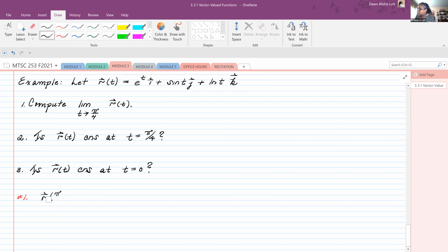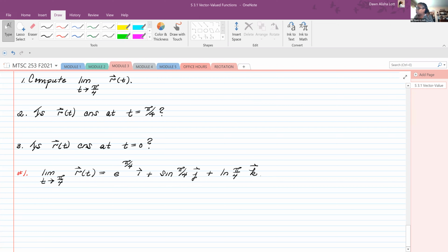Oh, sorry, I'm computing the limit, as t approaches pi over 4 of r of t. So for this one, we would just use direct substitution. So we would get e to the pi over 4 i plus the sine of pi over 4 j plus the log of pi over 4 k. Okay.